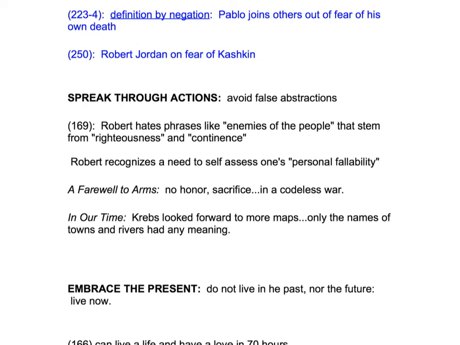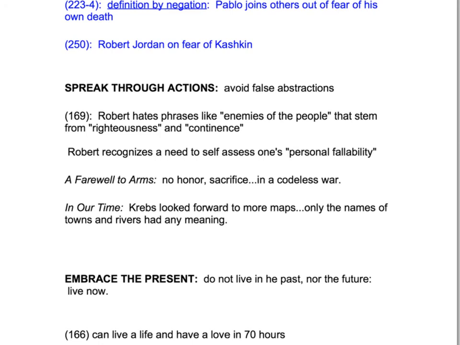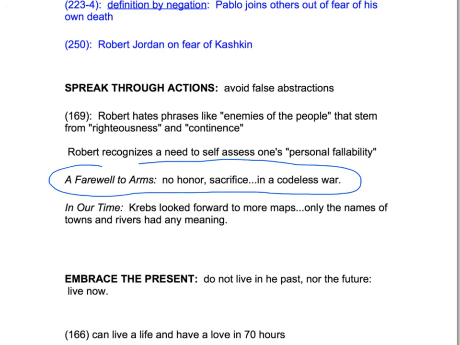Speaking through actions. It's the first code principle, and avoiding false abstractions. We remember from A Farewell to Arms that one of the great passages tells us that words like honor and sacrifice and hallowed behavior have no meaning in war. Only the names of places and rivers and towns and battalions and numbers of troops mean anything to the true soldier.